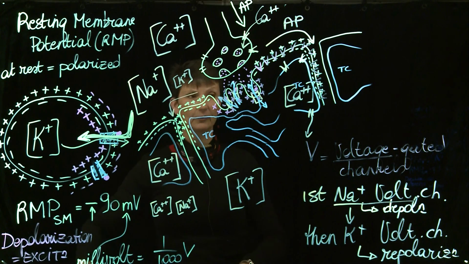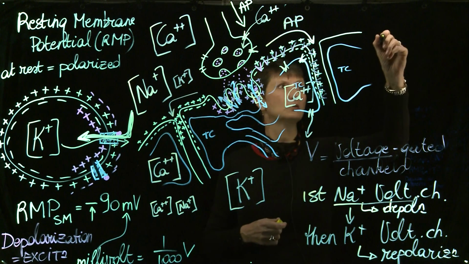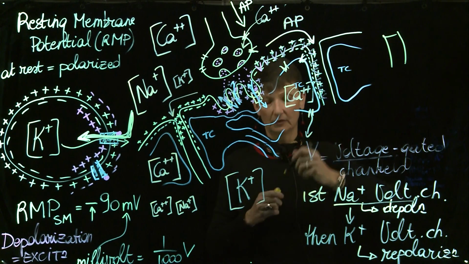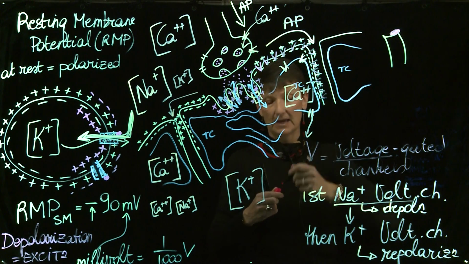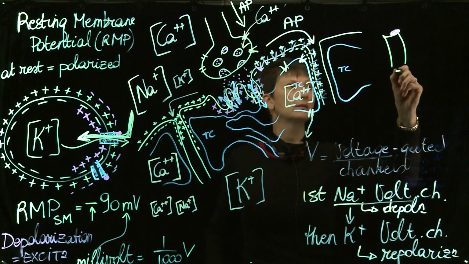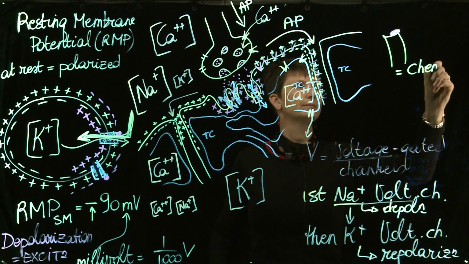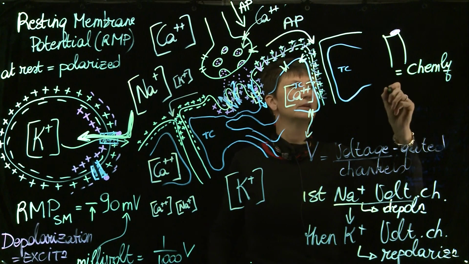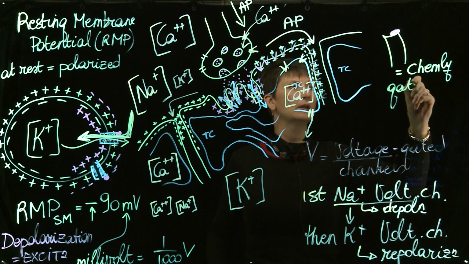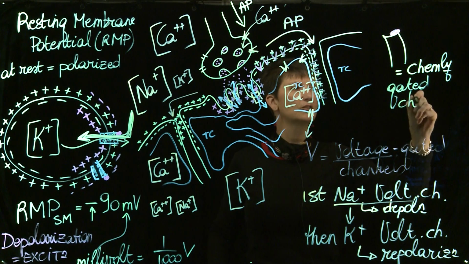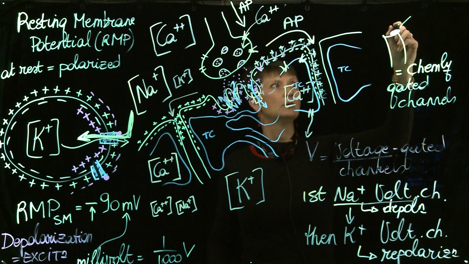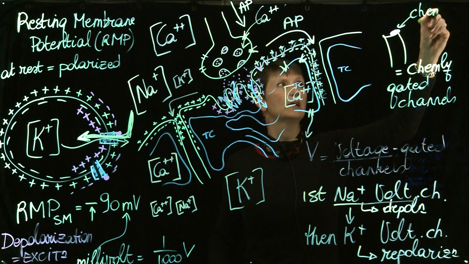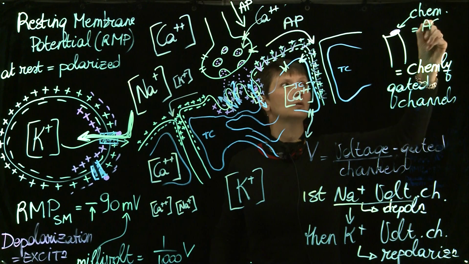And so we refer to our receptors to which acetylcholine binds as chemically gated channels. And I'm going to abbreviate chemically gated channels. What triggers their opening? The binding of our chemical right here, and our chemical being acetylcholine.